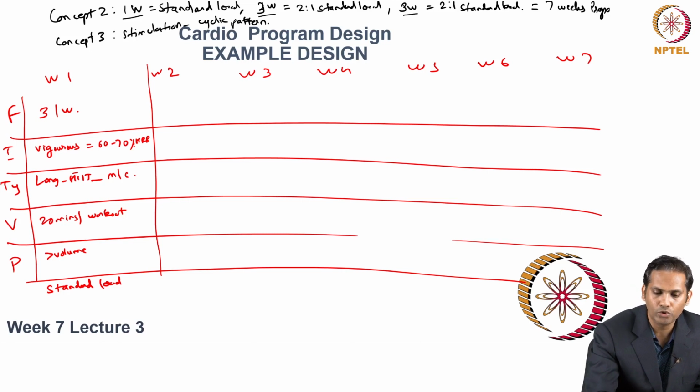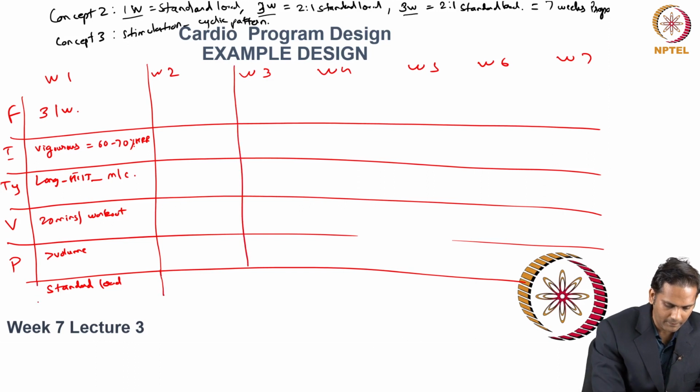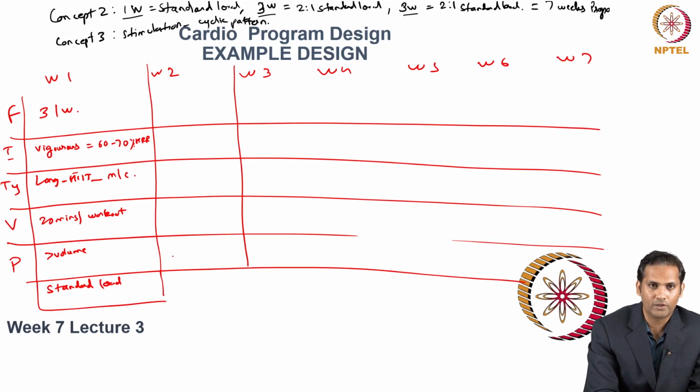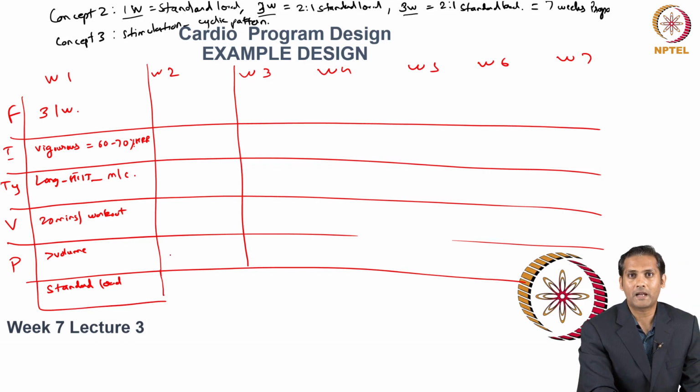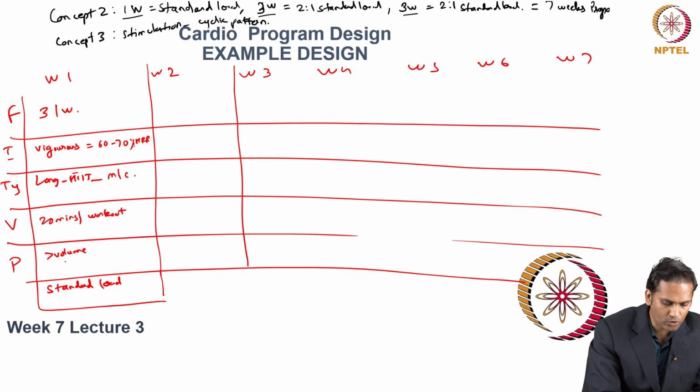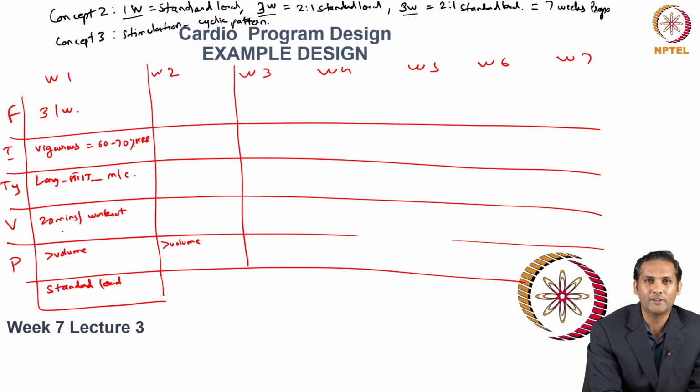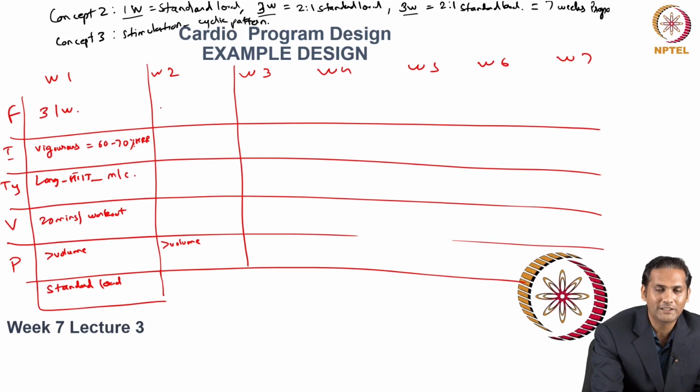Now for week 2 you choose a 2:1 standard load. So you start by defining the progression. As a general guideline, you start by progressing the volume. So here I choose to increase the volume, but not by increasing the capacity of the 20 minute bout, but by increasing the number of sessions per week.